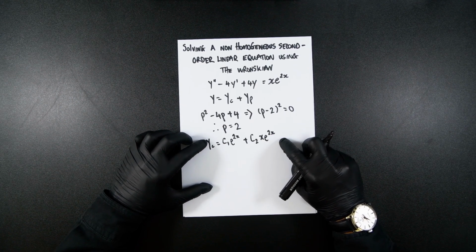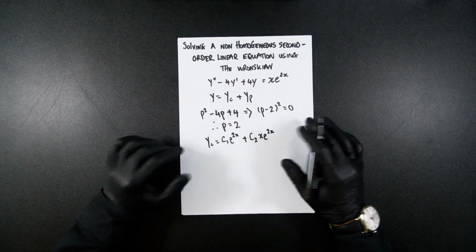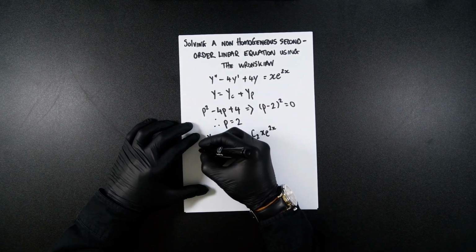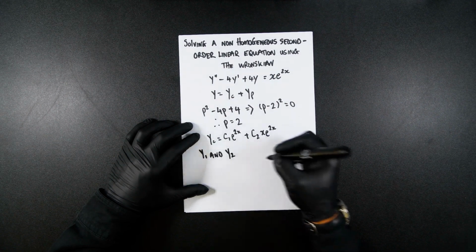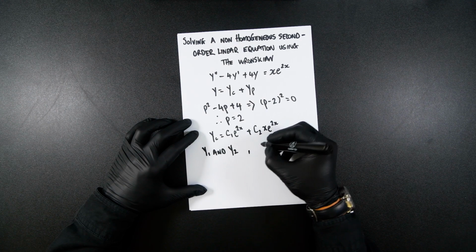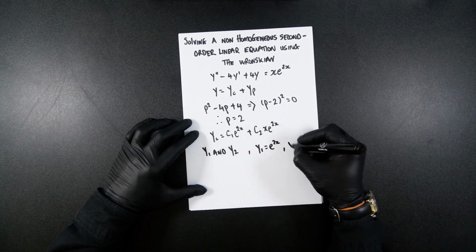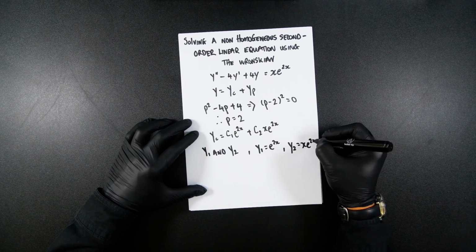We now want to start working out what yp is. So this is when we bring in the Wronskian. The Wronskian of y1 and y2 is where you let y1 equal e to the 2x and y2 equal x e to the 2x.